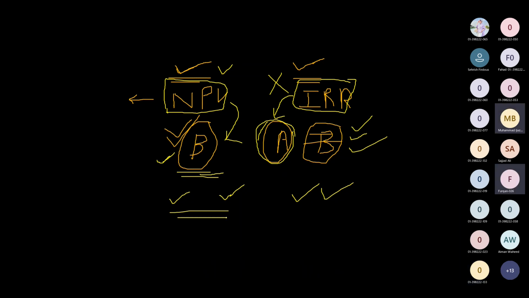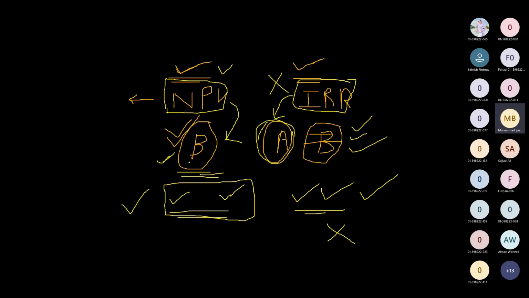So IRR is recommending one project, and according to NPV, the other project is better. In this case, you will not consider the findings of IRR, rather you would choose whichever project has a better positive NPV. I don't remember which project that exactly is. But this is an NPV IRR conflict, where NPV recommends you one project and IRR recommends you another one. Clear? In this case, go with the NPV. Correct?